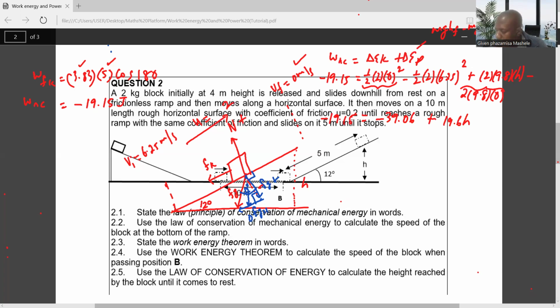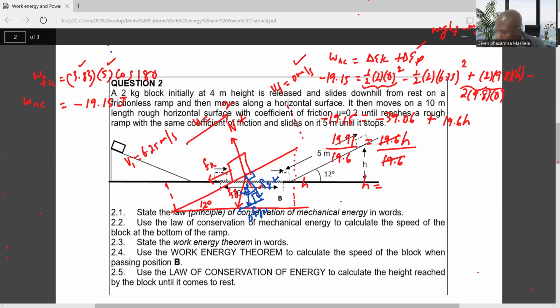So this will give us 19.91, which is the same as 19.6 h. So we divide here by 19.6 and we divide there by 19.6. It will actually give us the height. Oh, sorry guys, it will be 19.91, not 19.6.